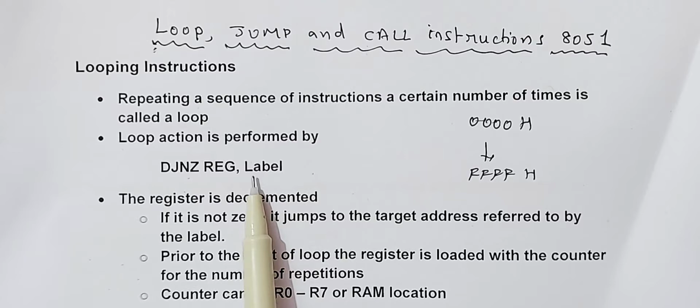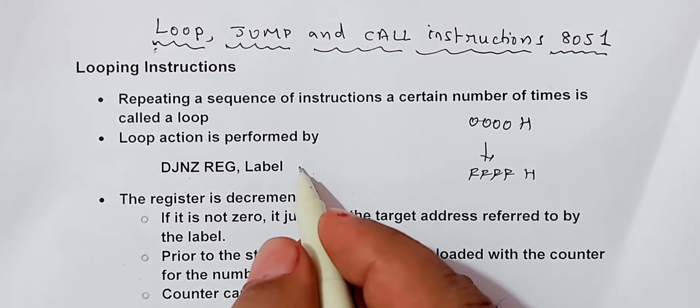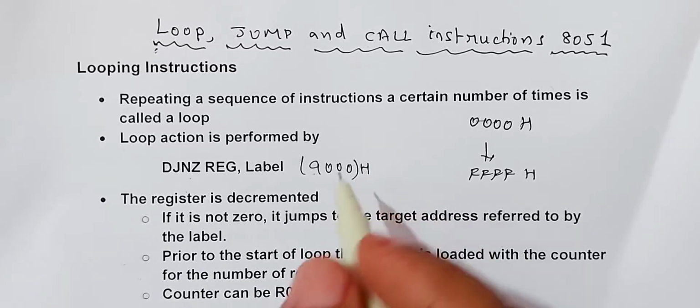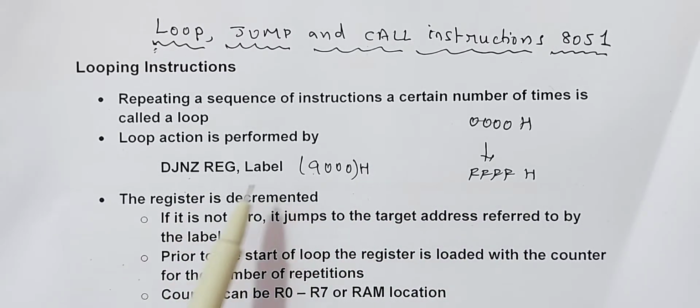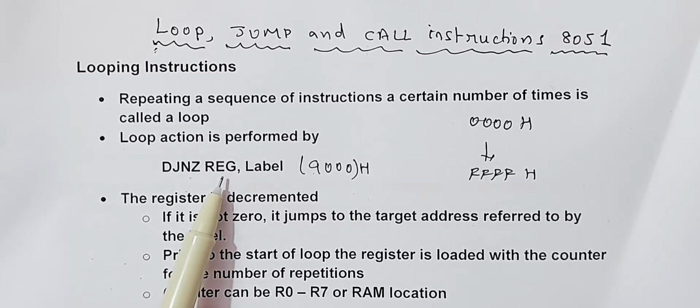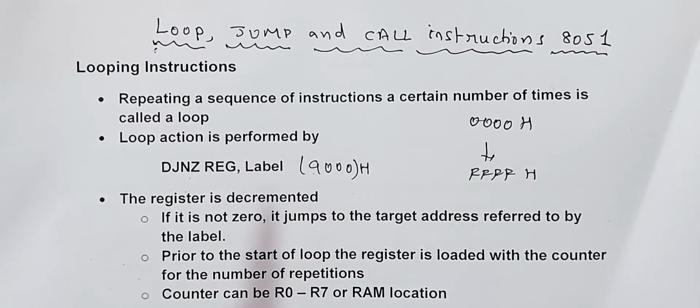For example, if I write 9000H here, first this instruction will decrease the value present in this register. If it is not 0, then it will jump to the address 9000H.